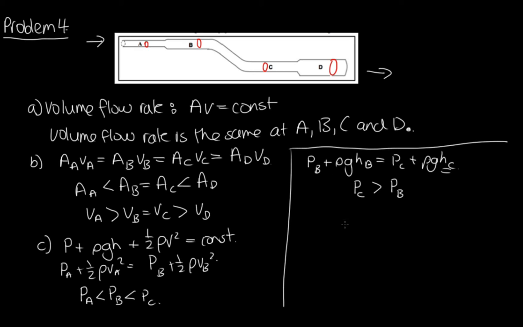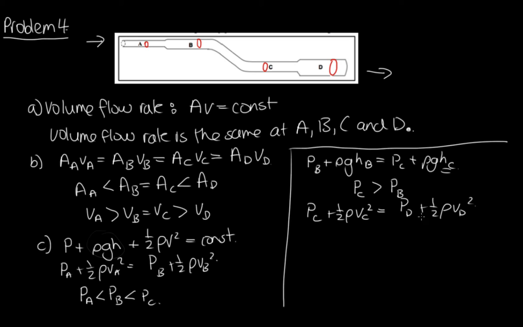So let's now compare C and D. C and D are at the same height, so this term doesn't play a role. It's just the velocity terms that will. So we know that the pressure at C plus a half rho VC squared is equal to the pressure at D plus a half rho VD squared.